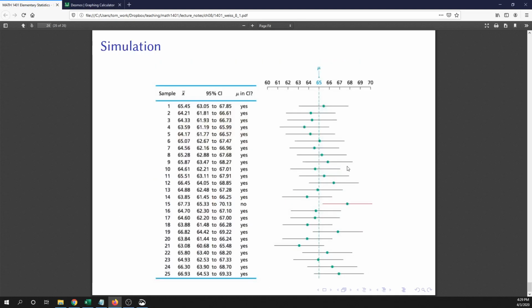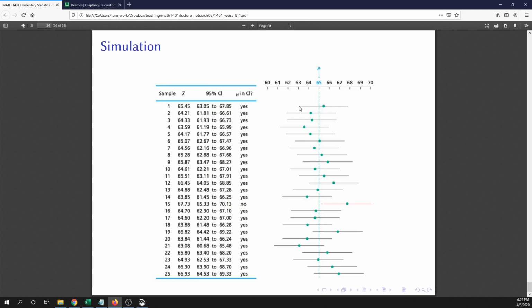And so that kind of leads into this simulation. In this simulation, basically what they did was take 25 different samples. So you can see over here are the sample means. The sample means are different. Here they constructed a 95% confidence interval based on each sample, and you can see the confidence intervals are illustrated over here. So for this first sample, here's the confidence interval.